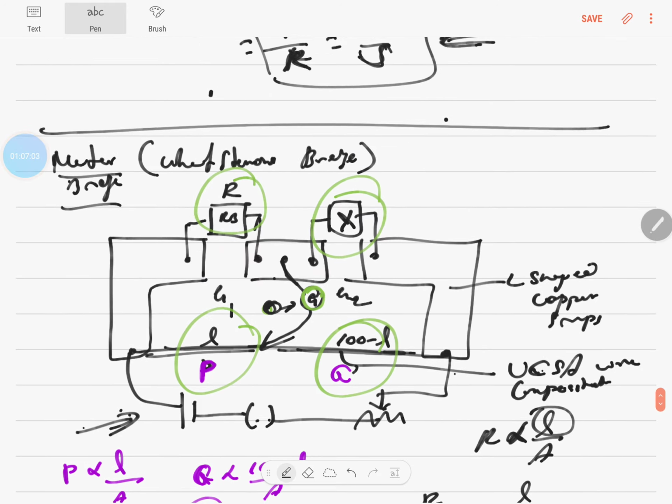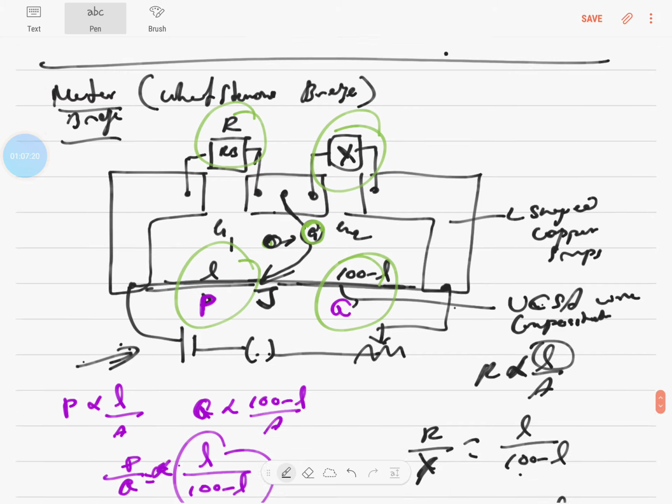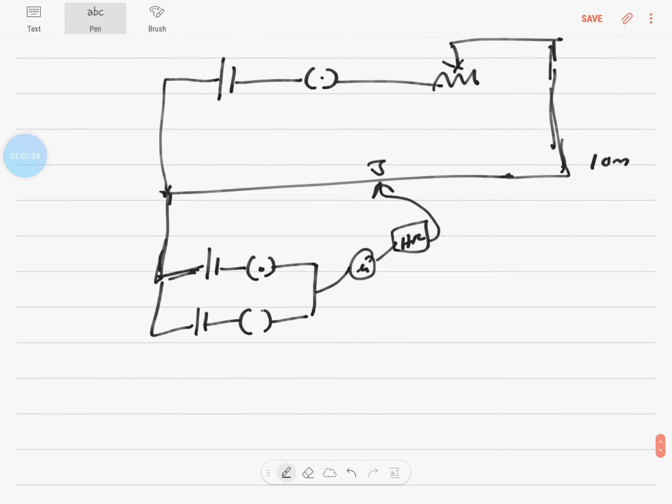The jockey is like a metallic pen which we place on the length of this 10 meter wire, to find where it is balancing. That is when there is no current through the galvanometer. The galvanometer is showing no deflection. So you have a setup like this.